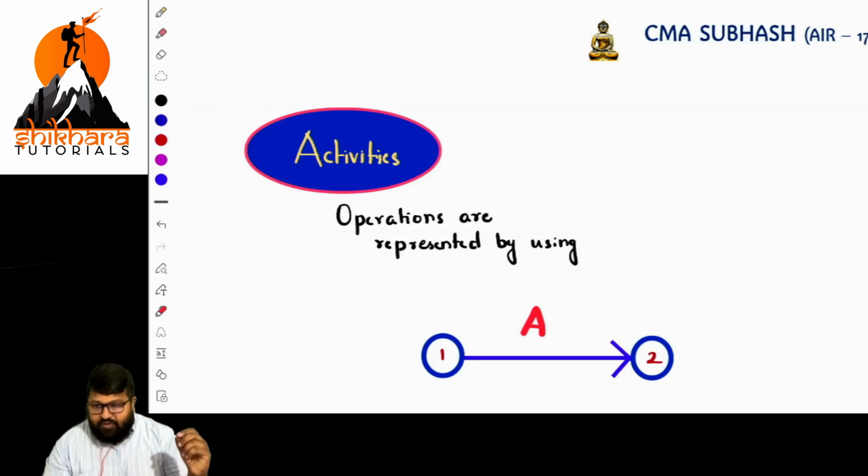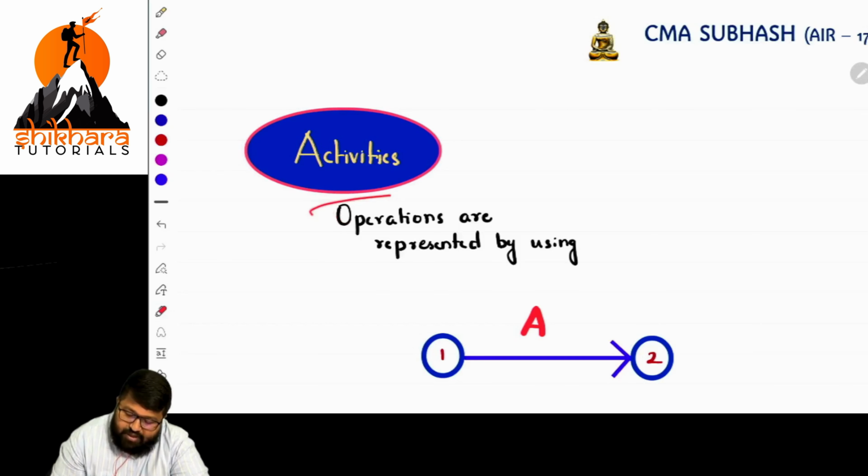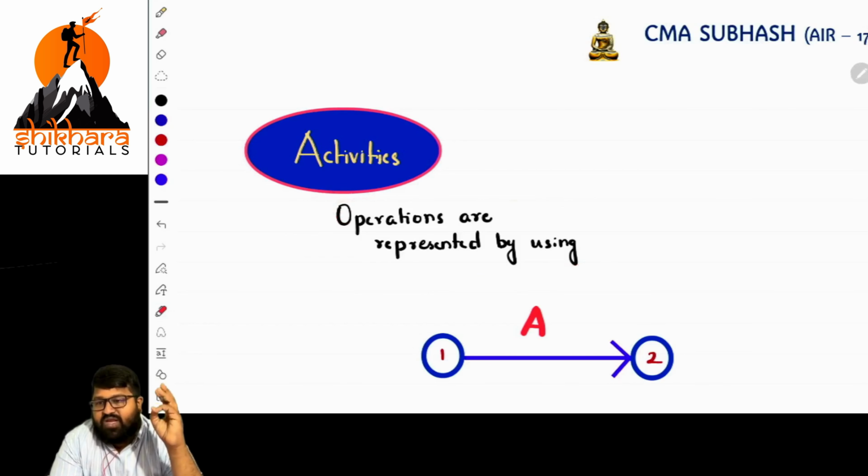Listen carefully, because while you are solving this, the fundamentals are most important. Operations are represented by using an arrow. In the case of CMA, there are foundation, inter, articles, and final. These four stages, if represented as arrows, form a flowchart or diagram.